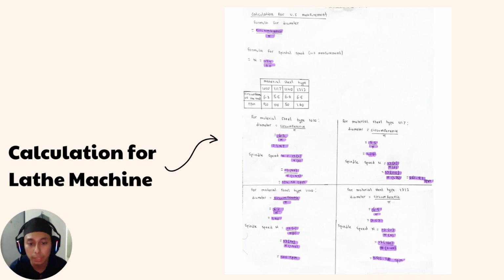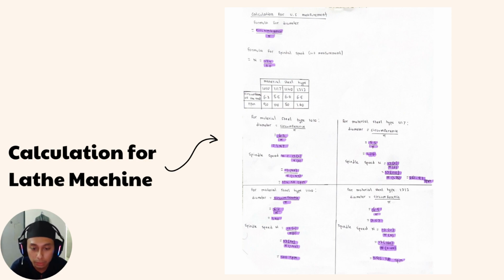For material steel type 1170, 5.5 over pi equals 1.75, and the spindle speed 12 times 120 over pi times 1.75 equals 261.92 rpm.